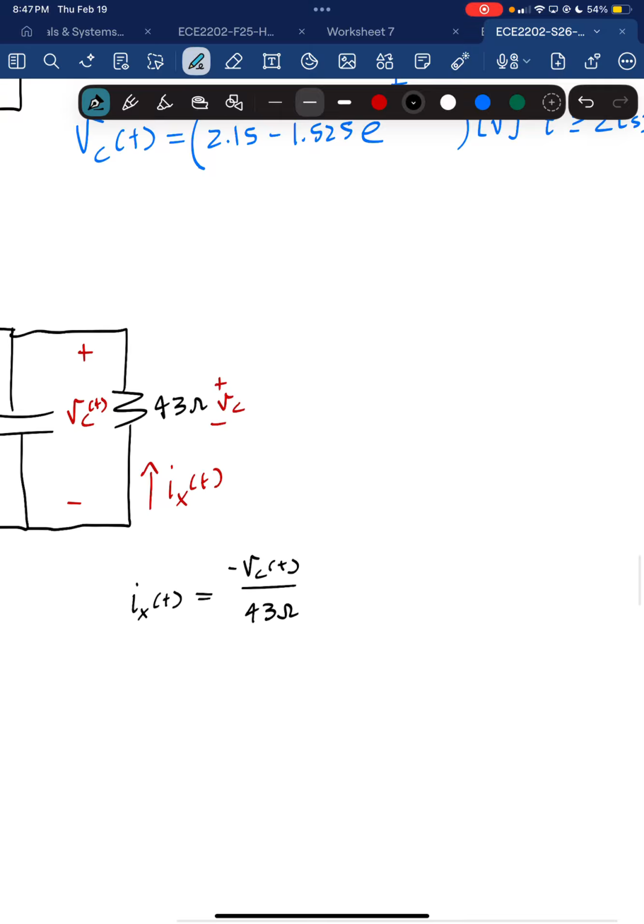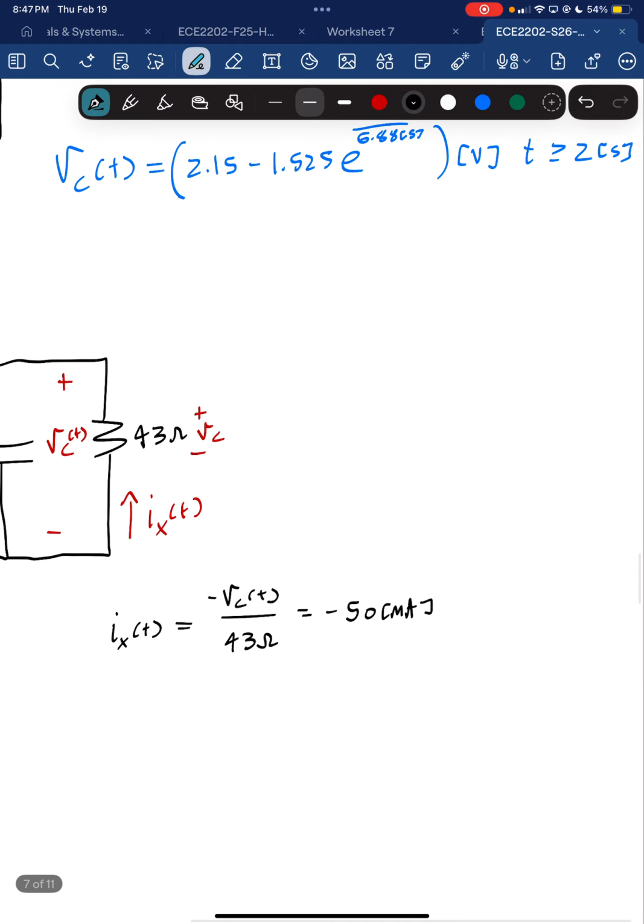Which is going to give us negative 50 milliamps plus 35.5 e to the negative t over 6.88 seconds. That's also milliamps. And this is for t greater than 2 seconds.